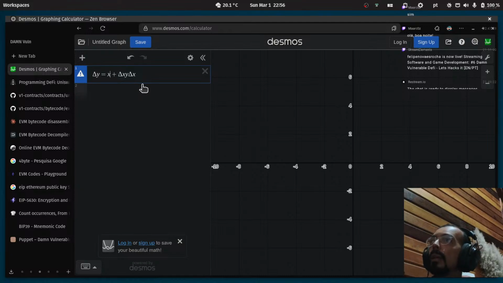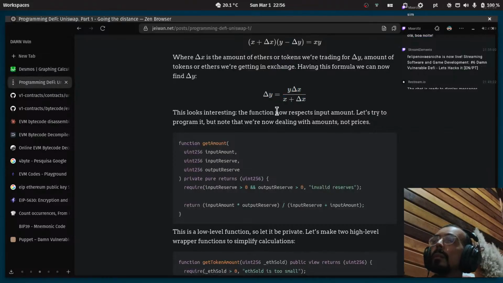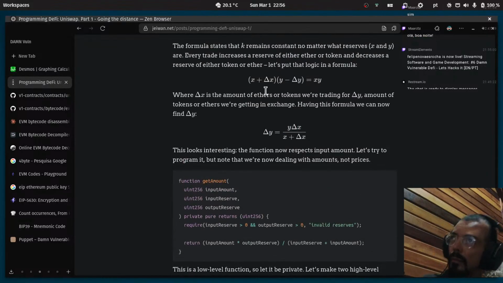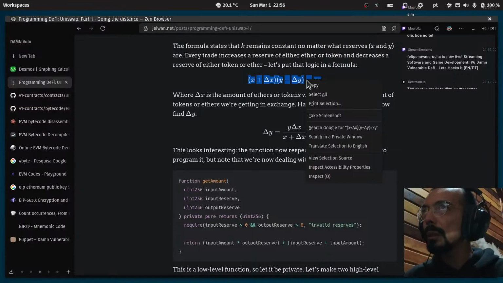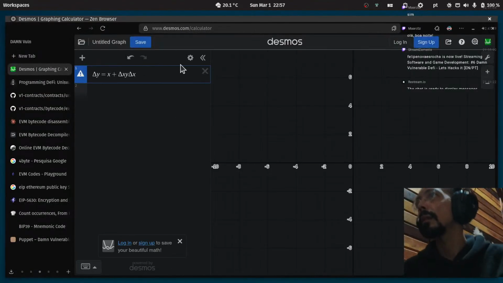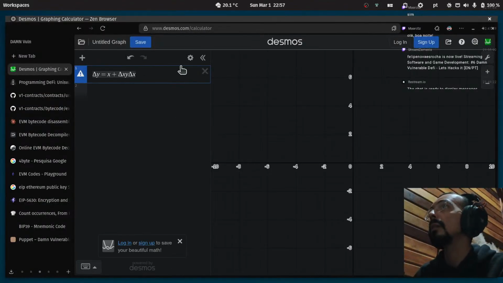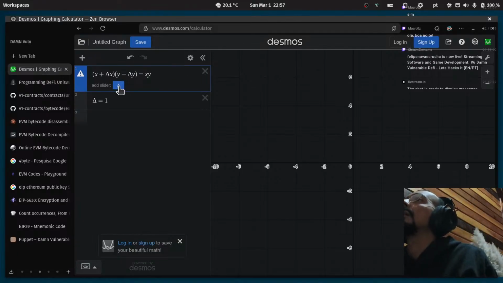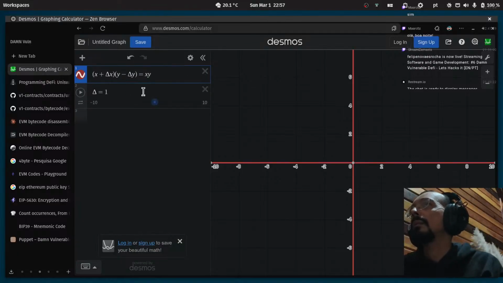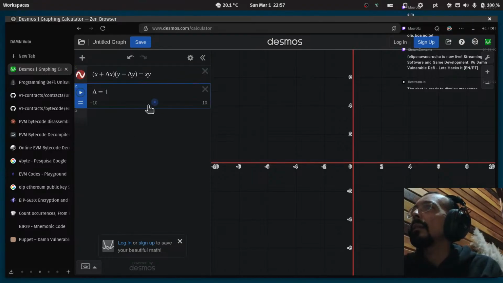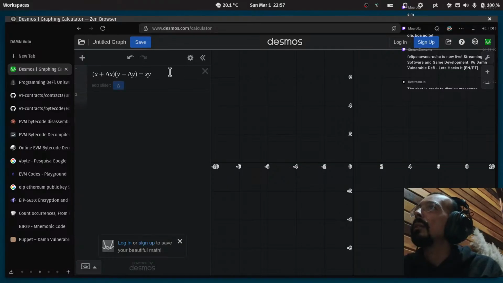That doesn't look right, right? Maybe I need to copy this first. X, the data is a slider. Oh, that's nice. Yeah, but I need to define stuff, right?